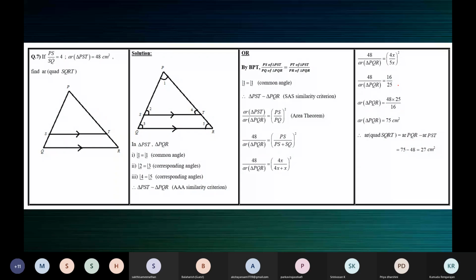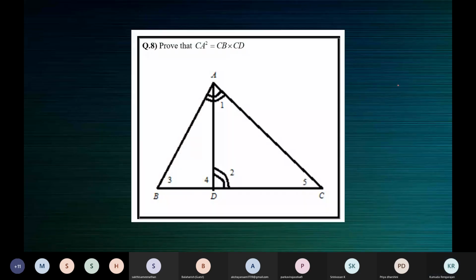All right. Next one. Again, here the clue is CA square. Children, remember that the numbers will not be given. I have marked them for the sake of convenience.